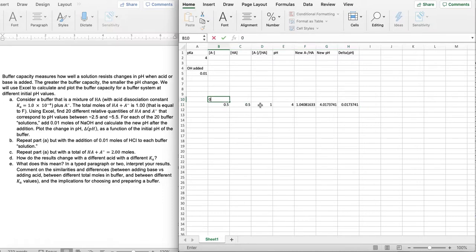And let's see what would happen if we had 0.9. And you know what? I'm actually going to replace this, I love to automate things, with 1 minus B11. And then let's see if I can just drag this up.